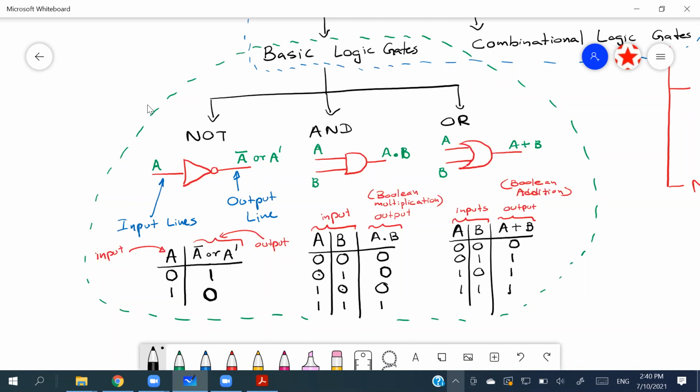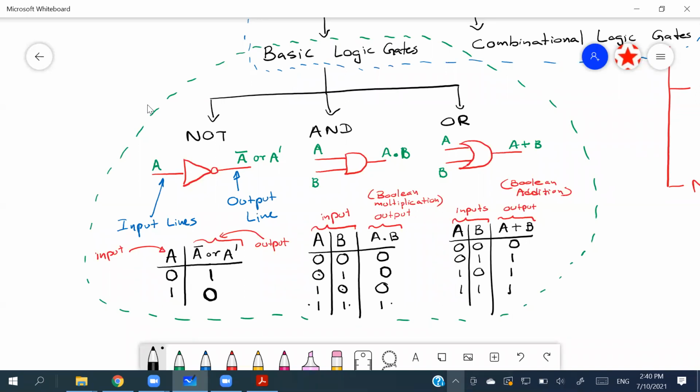Then the output is taken as a multiplication. So 0 into 0 is 0, 0 into 1 is 0 again, 1 into 0 is 0, and 1 into 1 is 1.